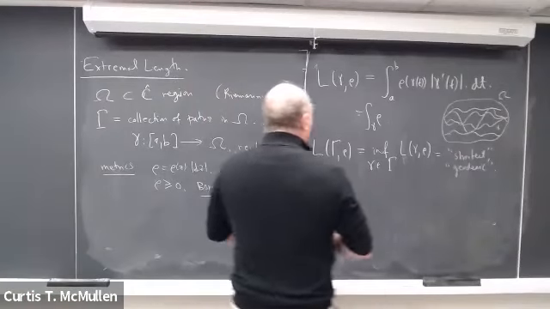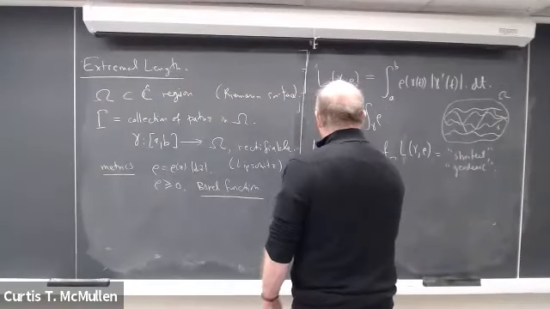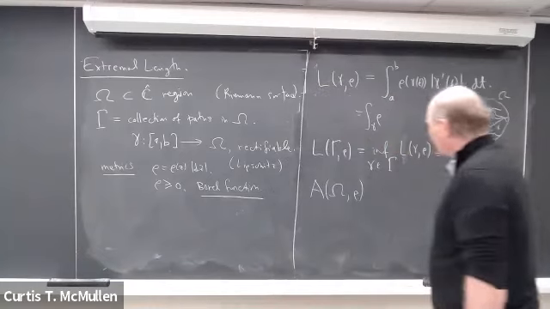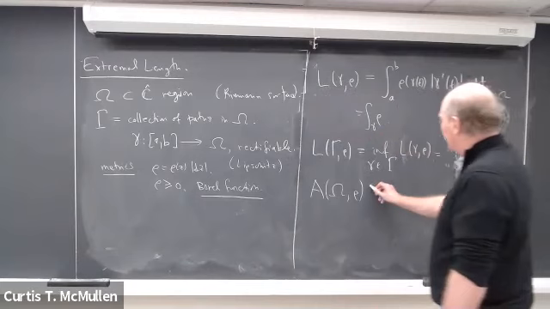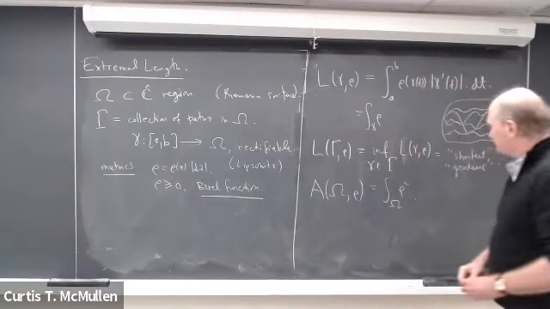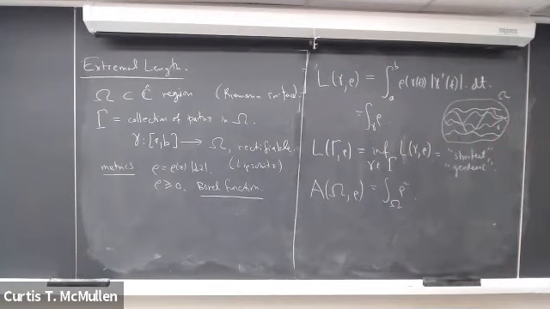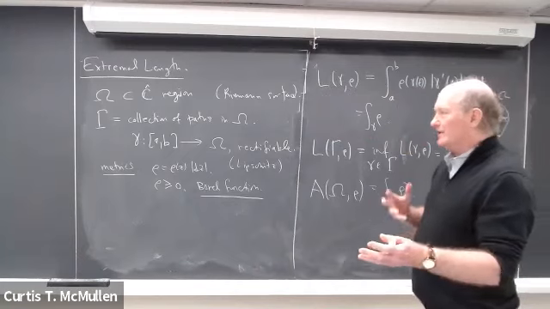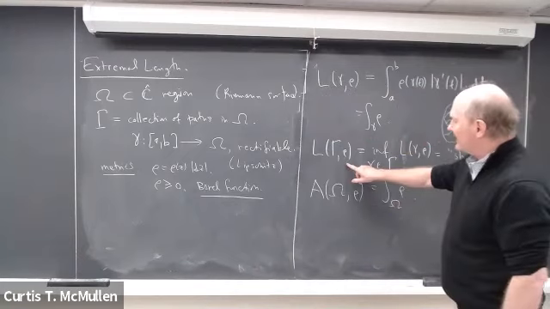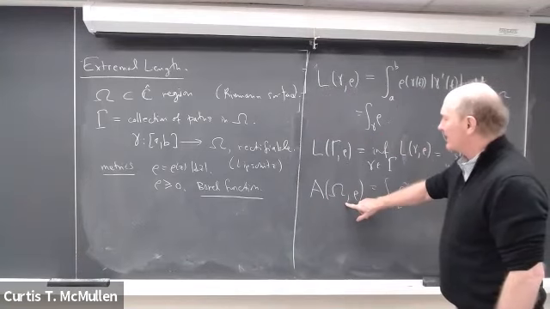And now there's another invariant we can attach to this situation, which is the area of our region with respect to this metric. And that's just the integral over the region of rho squared. This technique is sometimes called the length-area method, and the idea is to let these two quantities compete with each other.